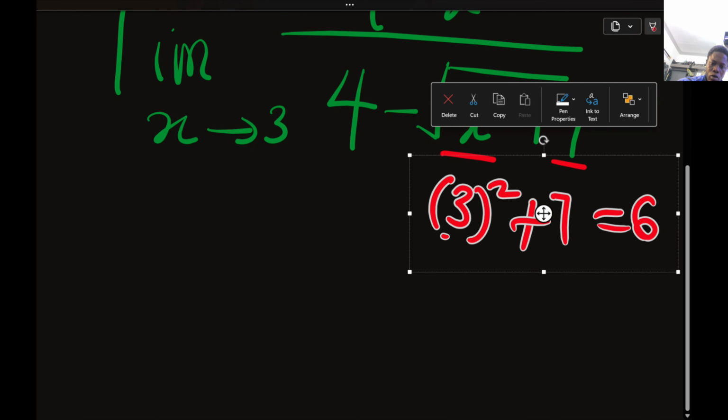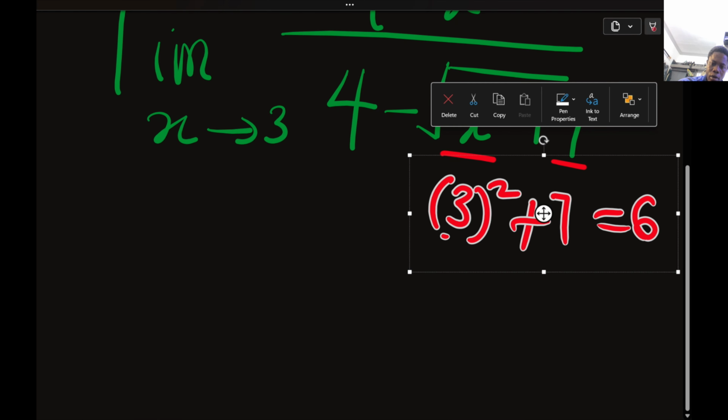When you take the square root of 16, we get 4. So 4 minus 4 gives us 0, and that makes the given expression undefined.